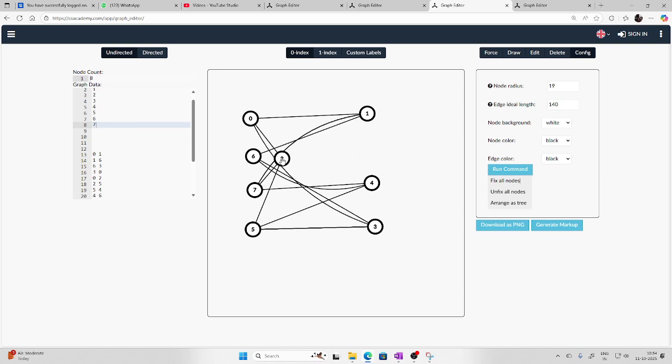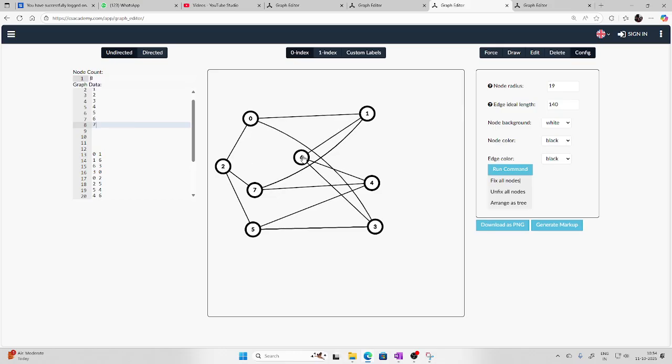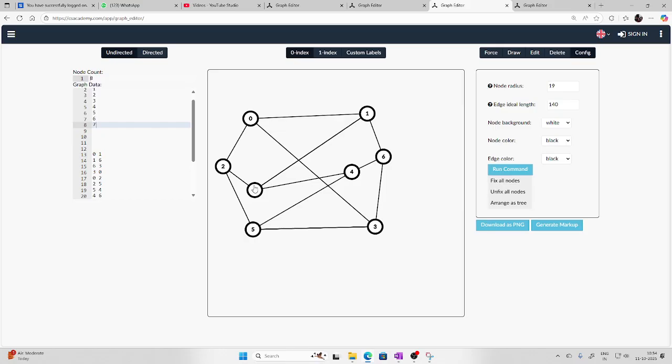If I bring this to here, and then I can bring this 6 here or inside, and if I do it like this, again there is an intersection.